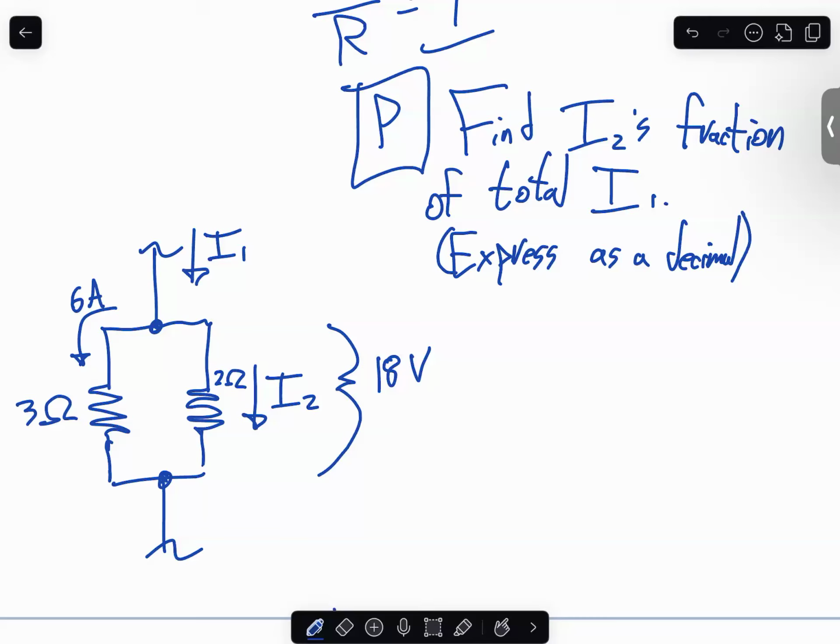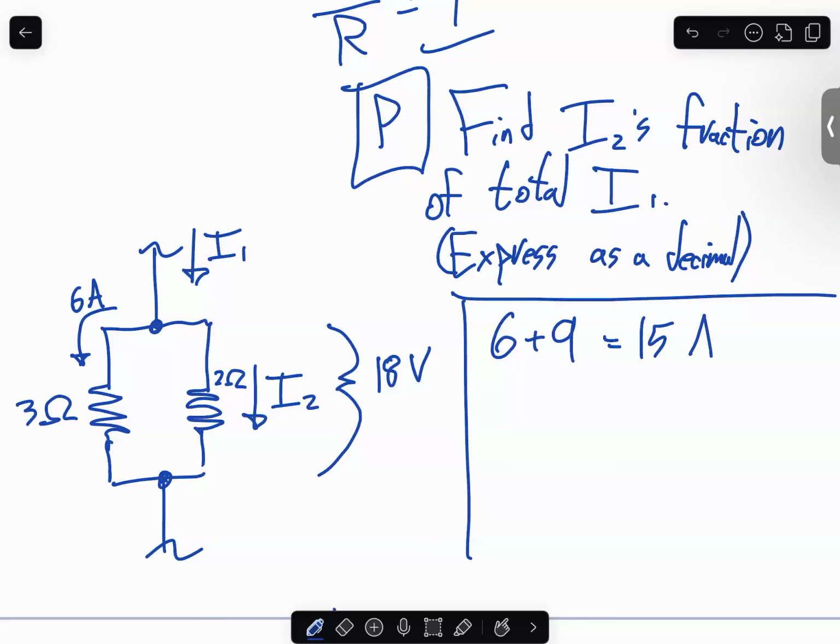Okay, so 6 amps go this way, 9 amps go that way. How much current entered? Has to be 15 amps, right? What fraction of 15 is 9? Let me write this because math is hard to say out loud. 6 plus 9 equals 15 amps total.